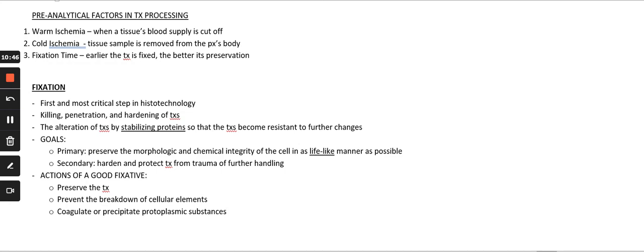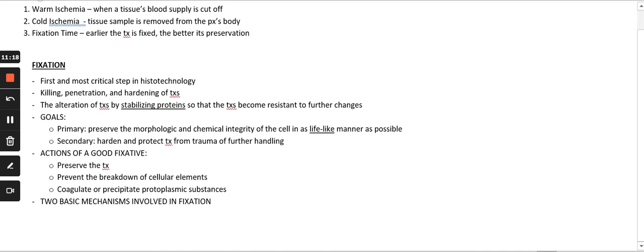Another thing you should know is that we have a lot of fixatives, right? We have a lot of different categories for our fixatives. Now, we have what we call the two basic mechanisms involved in fixation. I think you're familiar with this.